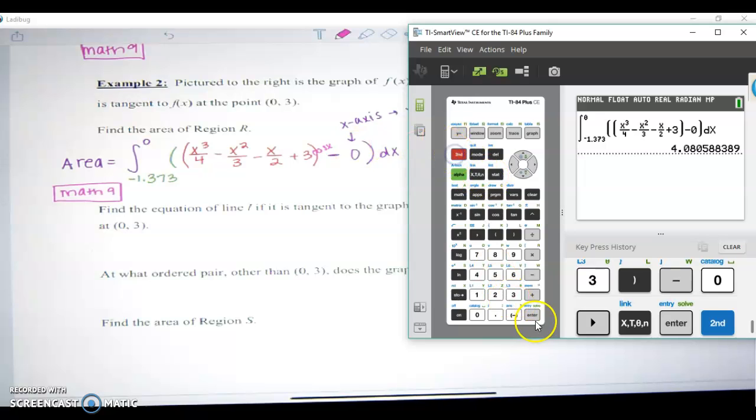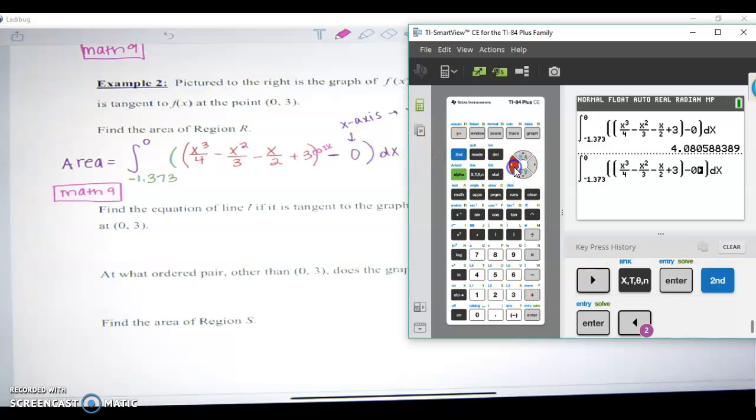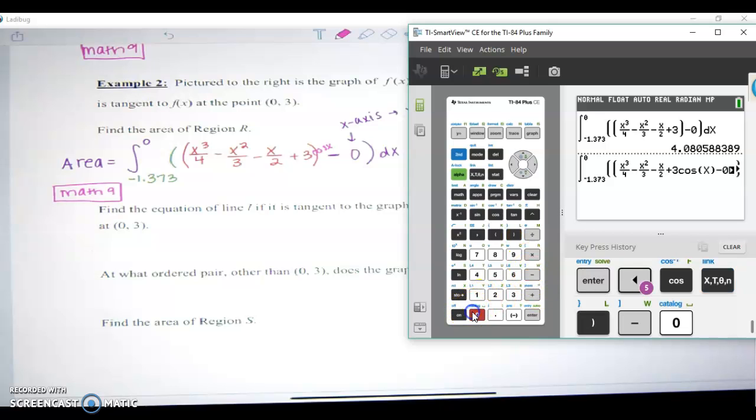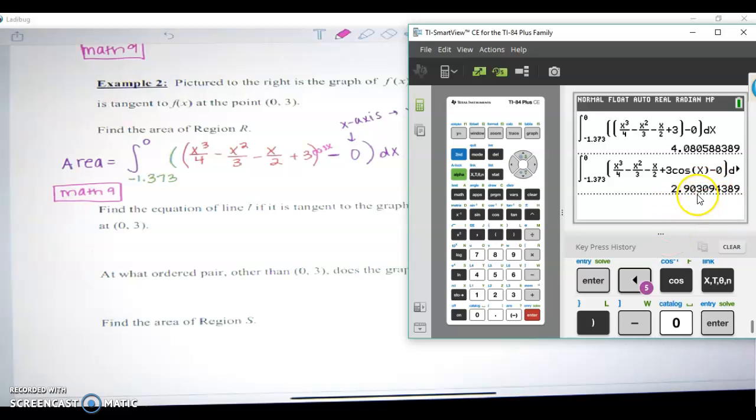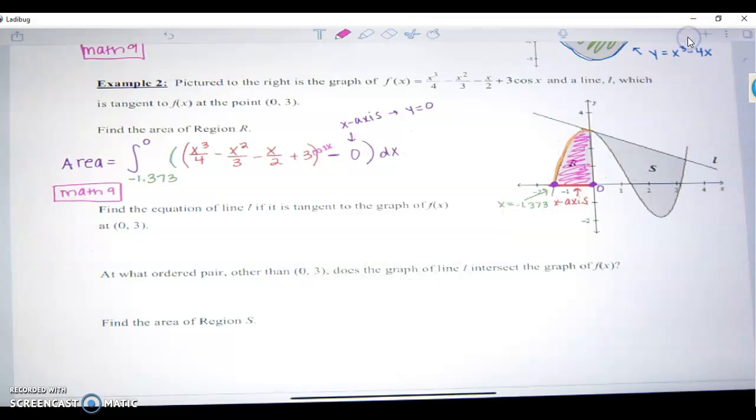Okay, so guys, if you do this, you can go to second entry, and we can just type this in so we don't have to type the whole thing. I'm going to do cosine x, and then minus 0. So now we get the correct answer here. This should be 2.903 for our area here.